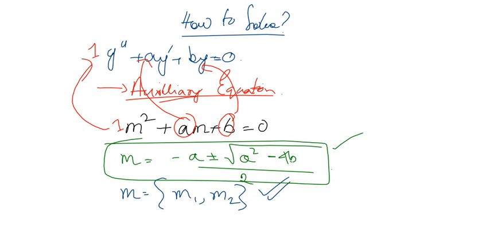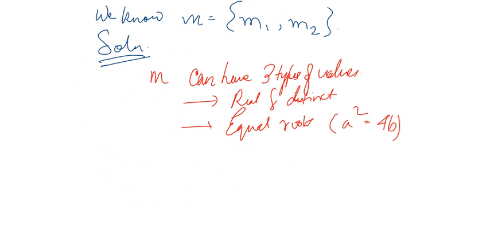So equal roots you have, and you have the case of complex roots, wherein your roots are in the form m equal to alpha plus minus beta i. So you have three types of roots.